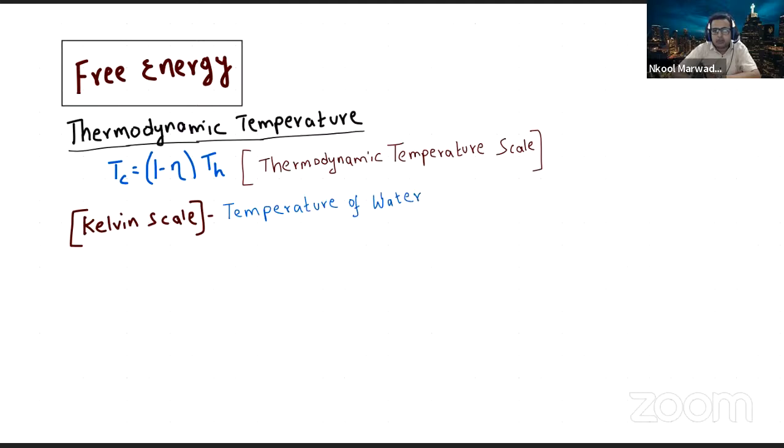And what is this triple point? Triple point is the point at which water exists in three states together, they coexist. What are the three states? Solid, liquid, and gas. So, the temperature of water at its triple point.